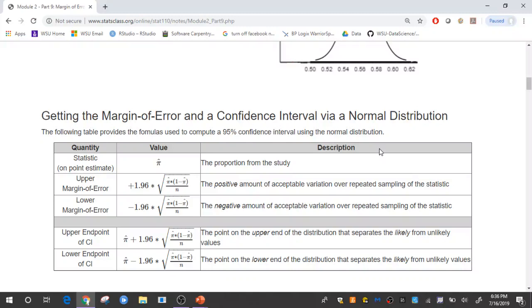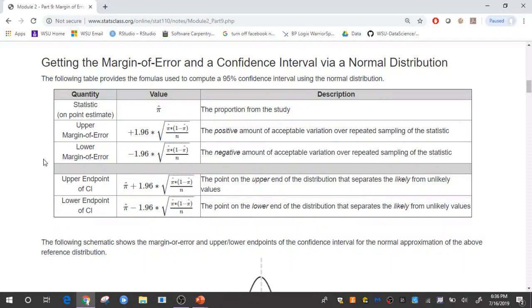So how do we go about getting the margin of error in a confidence interval when using the normal distribution? Here's a table that lists the various values and formulas that will be used. Again, we're going to use our statistic, which is just the proportion from the study, denoted by a pi hat value.